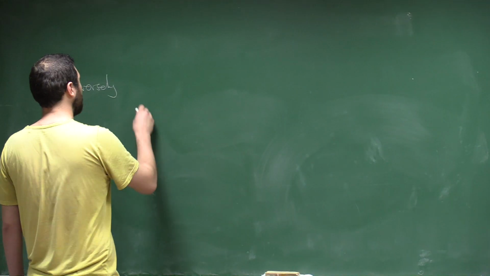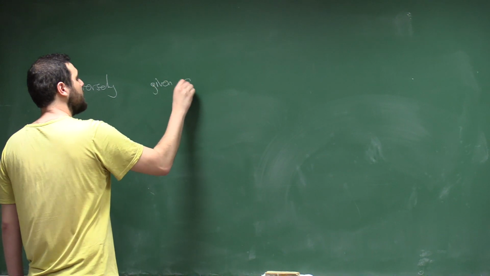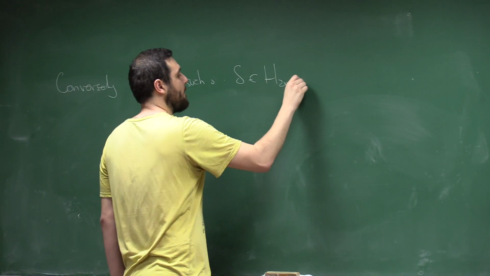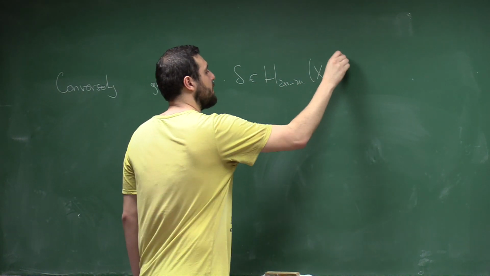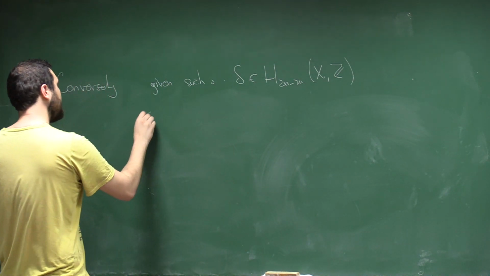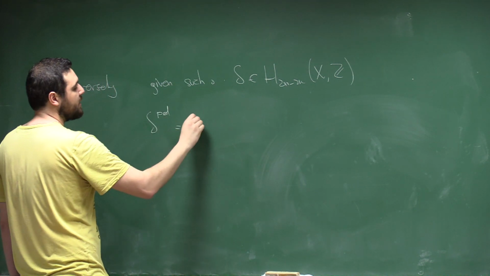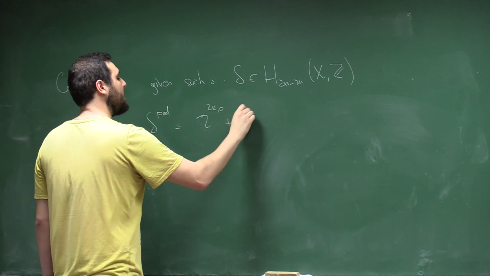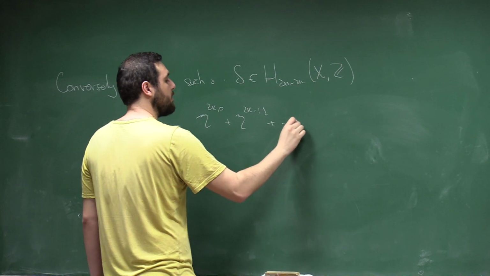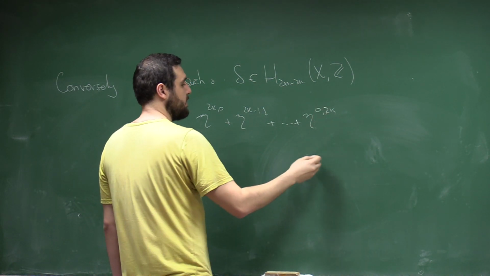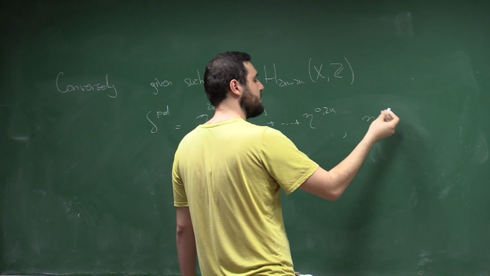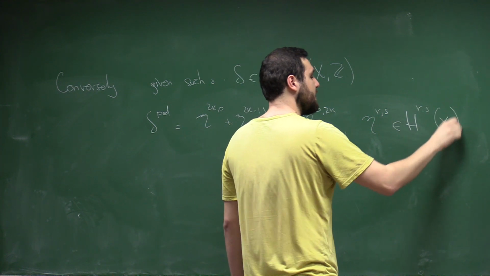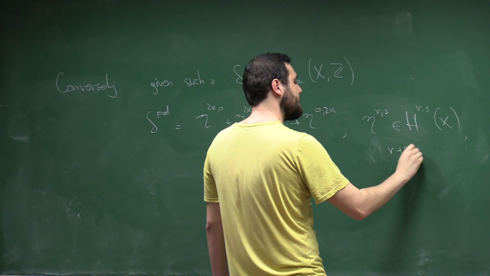Given such a delta, we know that delta PD is something, and we can write it as eta^{2k,0} plus eta^{2k-1,1} and so on up to eta^{0,2k}, where all these eta^{r,s} belong to H^{r,s}(X) in the Hodge decomposition, and r plus s is equal to 2k.